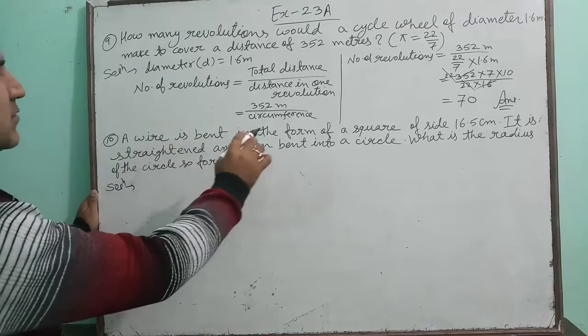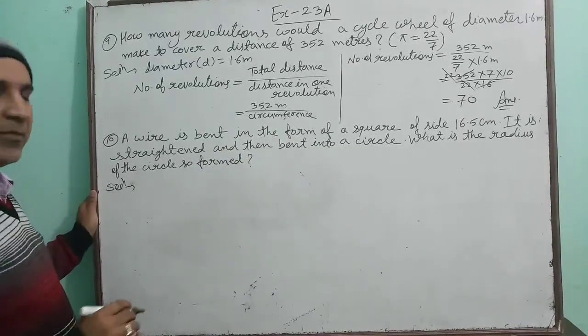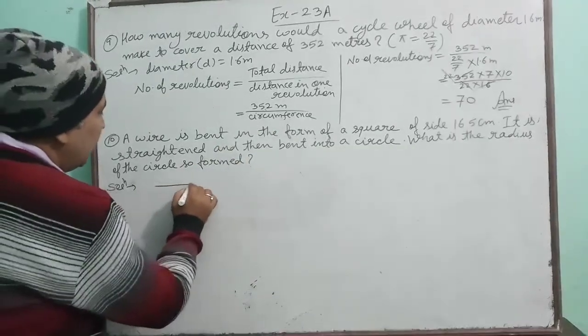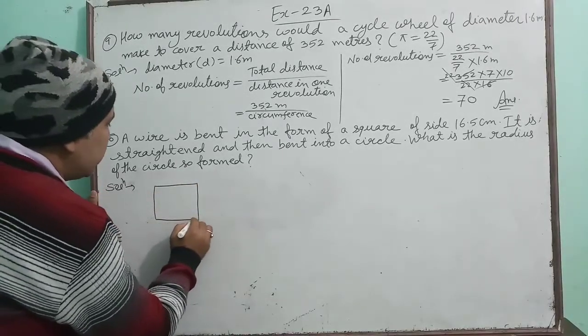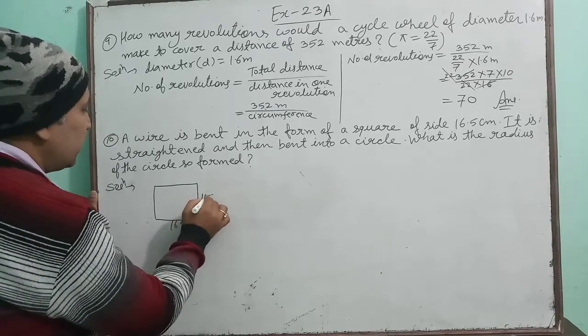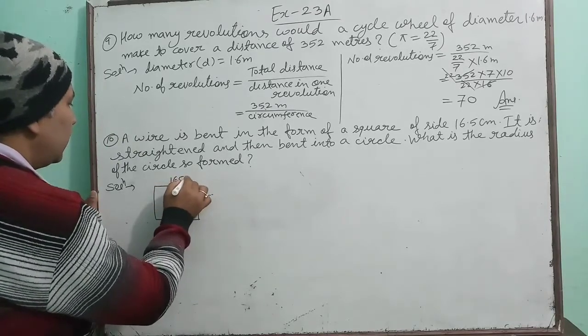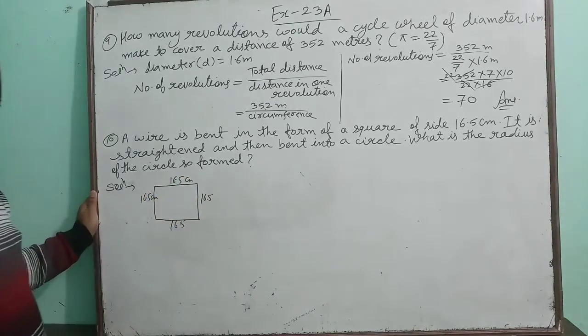A wire is bent in the form of a square of side 16.5 centimeter. Suppose that one wire is taken and in this way it is made a square and its side is 16.5. Understood?